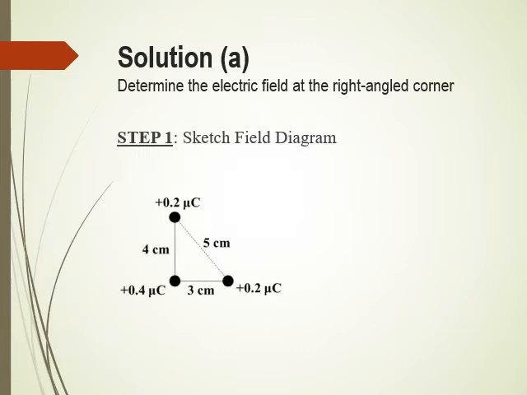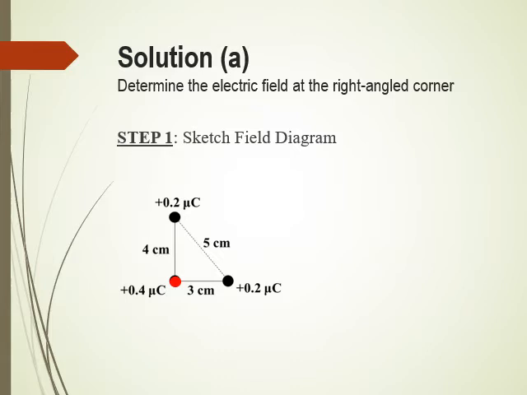This is the diagram given. Before we sketch the vector diagram, first we need to understand what is meant by right angle corner and which charge is going to act as the object in this question. Right angle corner refers to the 90-degree corner right here, which means the positive 0.4 microcoulomb charge is going to act as the object in this question.